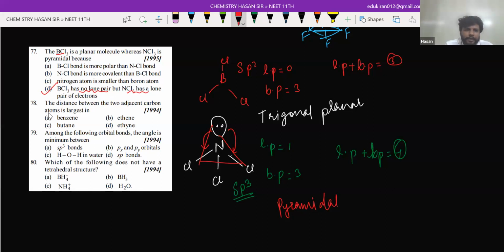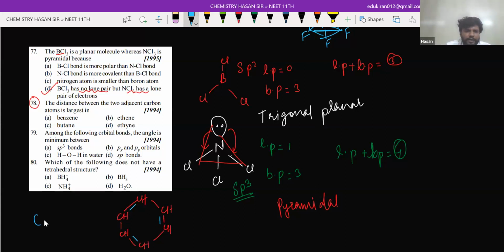Okay. Now come to this. The distance between two adjacent carbon atoms is largest in benzene. Benzene is something like this. This is your carbon, this is also your carbon, CH and again CH and then CH. And you know there will be double bonds at alternate positions.